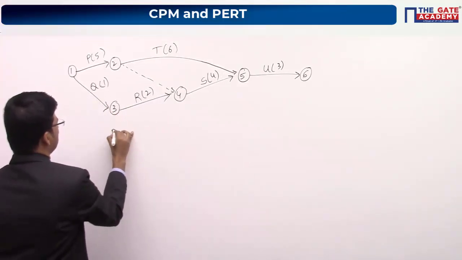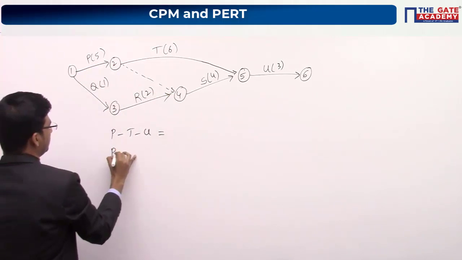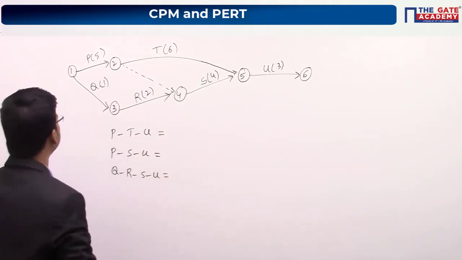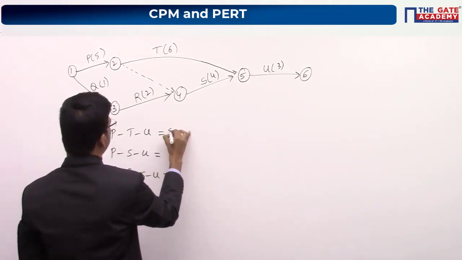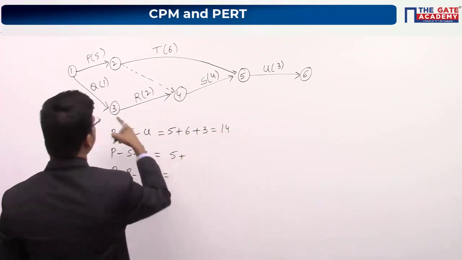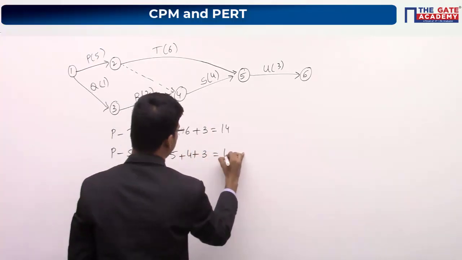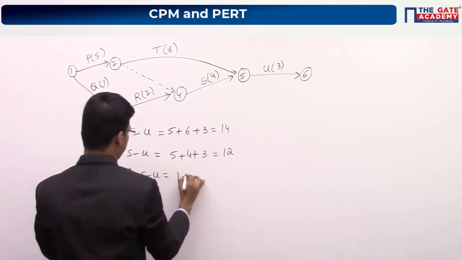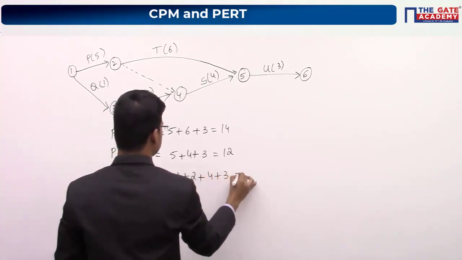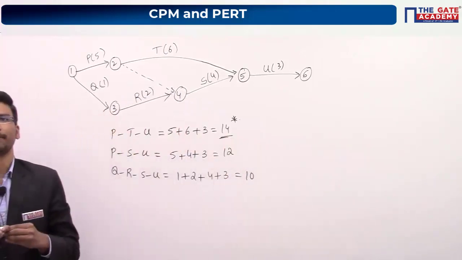PTU is one path, PSU is one more path, and QRSU is one more path. For PTU it will be 5, 6 and 3, so 9 plus 5 is 14. For PSU, P is 5, S is 4 and U is 3, so 7 plus 5 is 12. For QRSU, Q is 1 plus 2, S is 4 plus U is 3, so the total is 10. Now PTU will be your critical path.